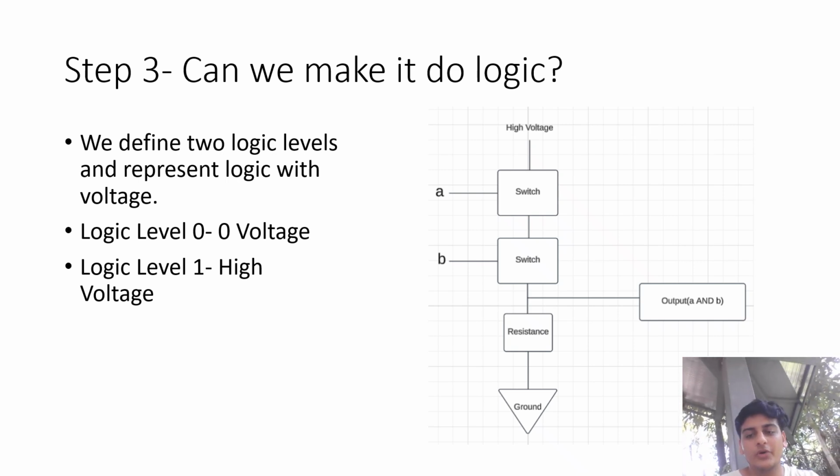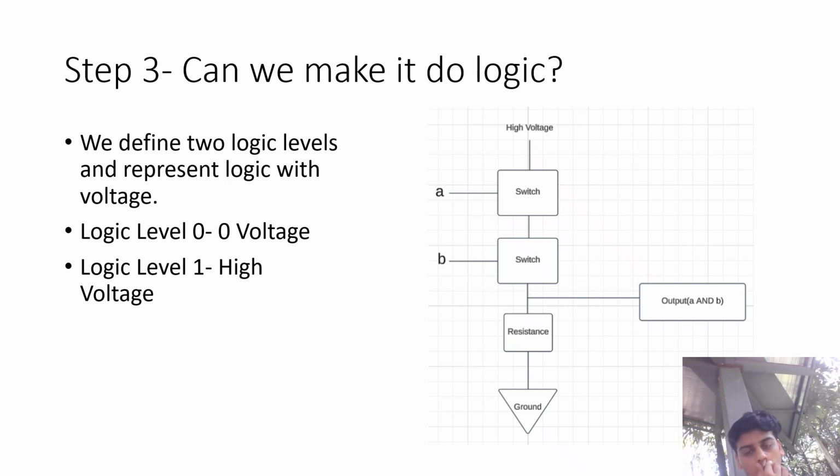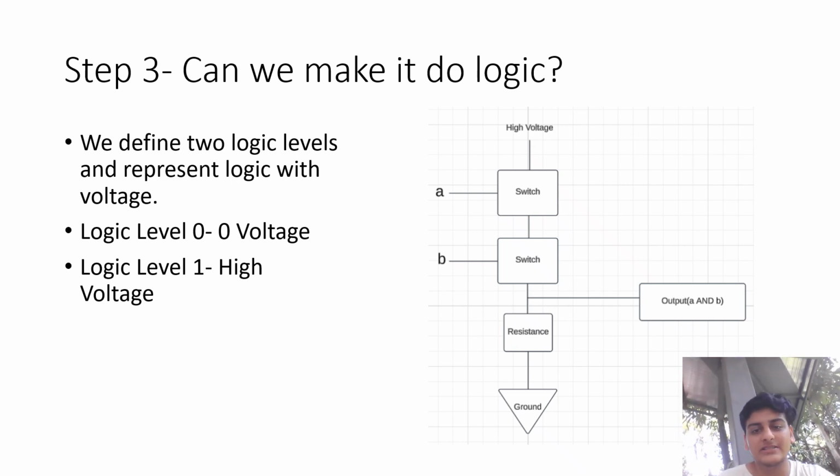Now I want to show you how this is actually acting like an AND gate. So let's take an example of both the inputs being 1. When both the inputs are 1, both these switches are closed and conduct. If both these switches conduct, you have a conducting path from the high voltage point to your output point.